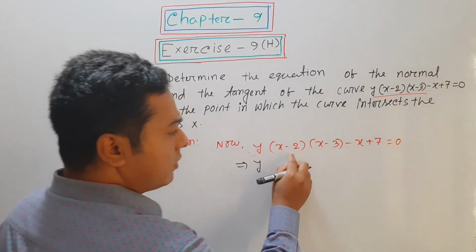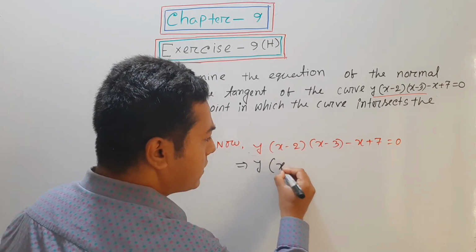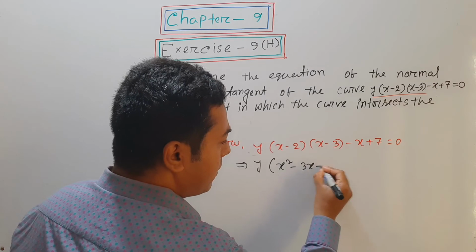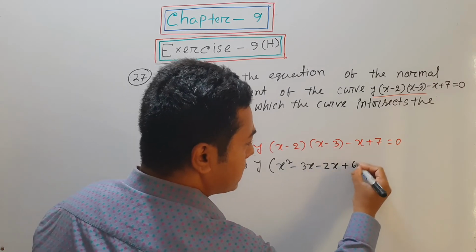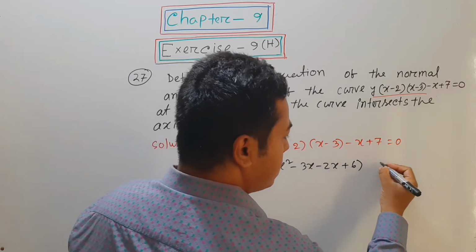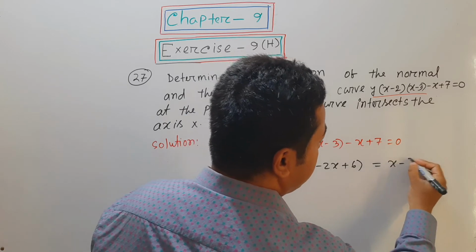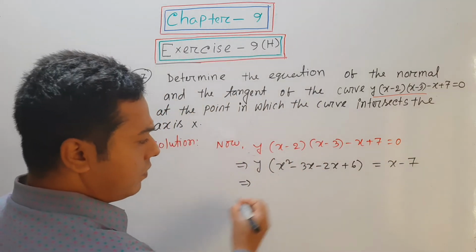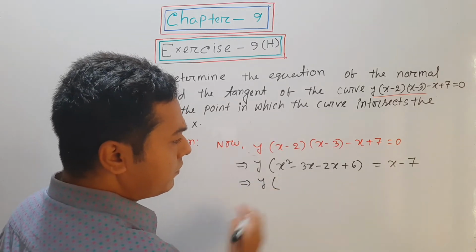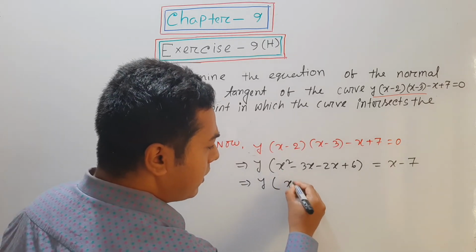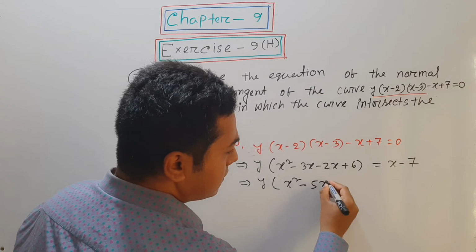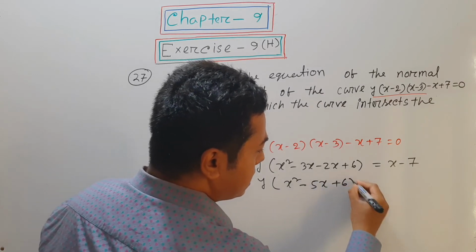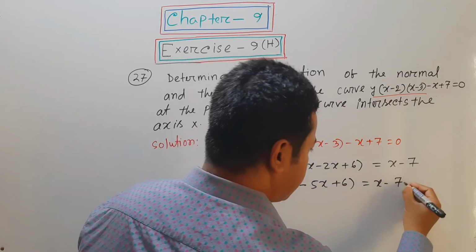Multiplication of two terms is equal to x square minus 3x minus twice x plus 6, so y into x square minus 5x plus 6 is equal to x minus 7.